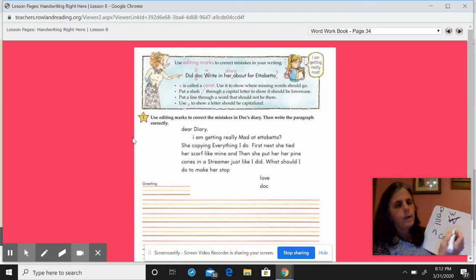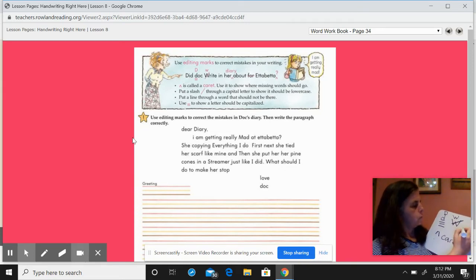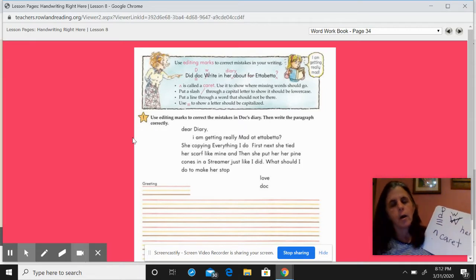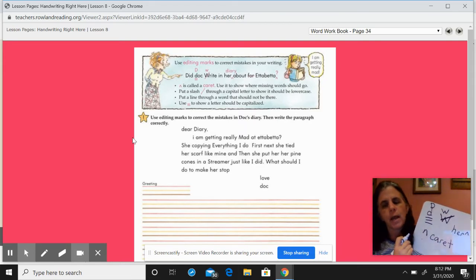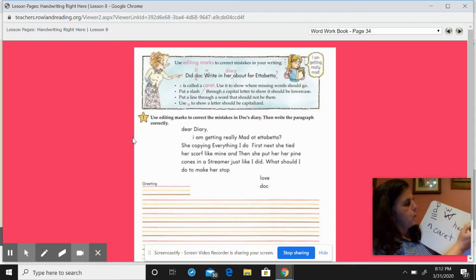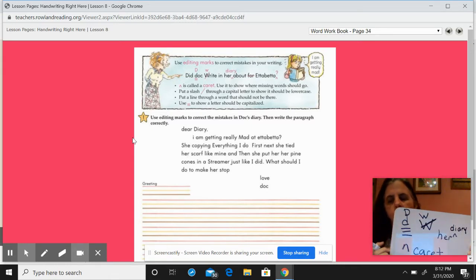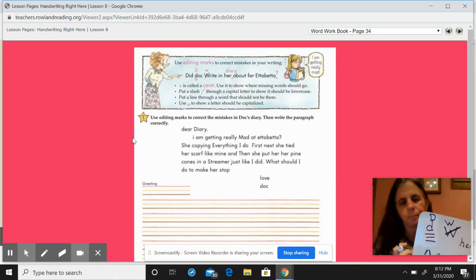So here, after her, so here's the word her. Oops, that's an R. Okay, after the word her, we're going to put a little caret here. It's like an upside down V. And we're going to write the word diary up here to show that we forgot to put it there.